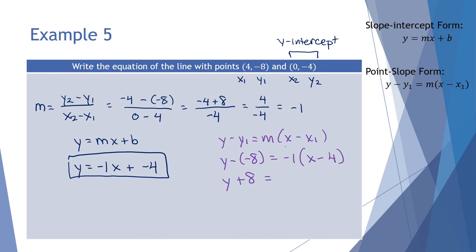And then I distribute on the right, so that's -1x plus 4. Then to solve for y, subtract 8 from both sides. We get y equals -1x, 4 minus 8 is -4. So we get the same answer if we use point-slope form. So you can use either one for this particular example.